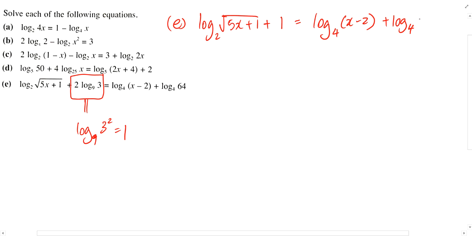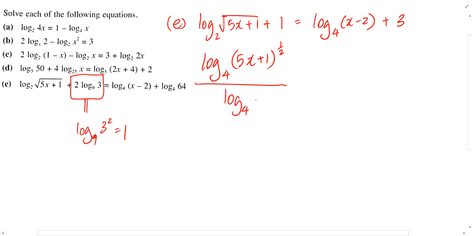Can we evaluate this one already? Instead of 64, we write here as 4 to the power of 3, which is actually 3. Okay, let's skip a few steps over here. This is simply 3. Okay, what next? Base 4. 5x plus 1. I prefer to write it as fractional indices. Log base 4, 2.